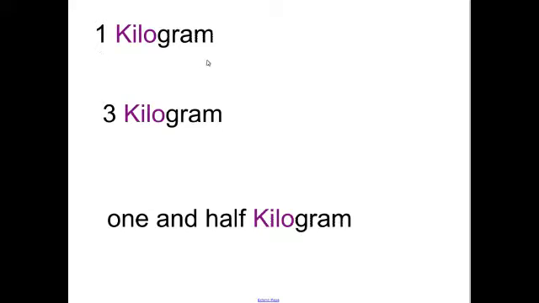If we wanted to convert kilograms to grams, we can just break it down in terms of what it means. Kilo means 1,000, so 1 kilogram would be 1,000 grams.